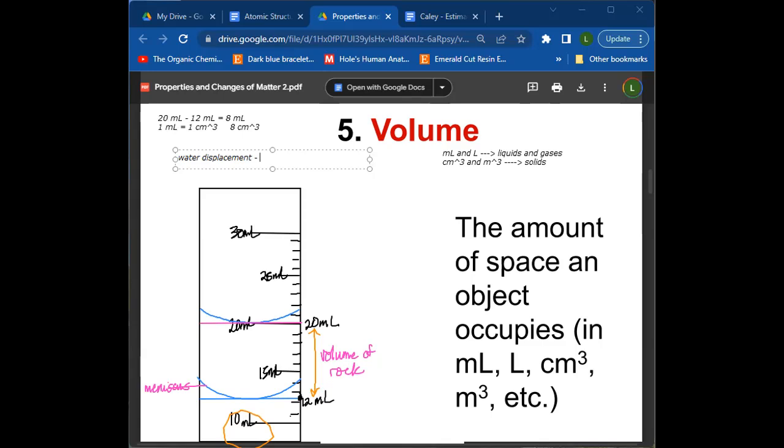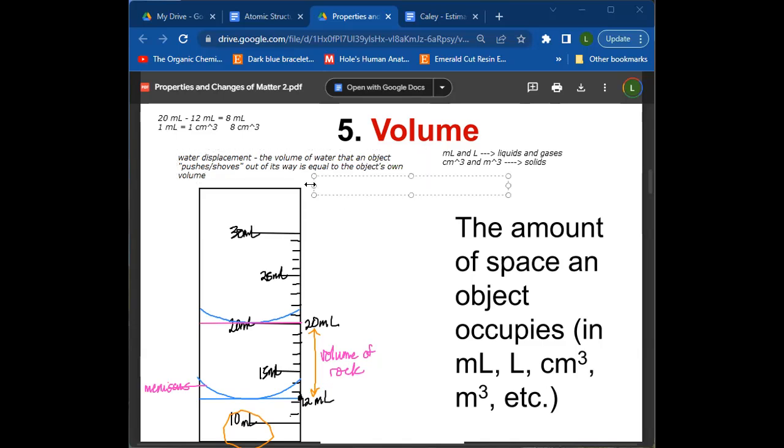Water displacement is saying that basically the volume of water that an object pushes or shoves out of its way is equal to the object's own volume.